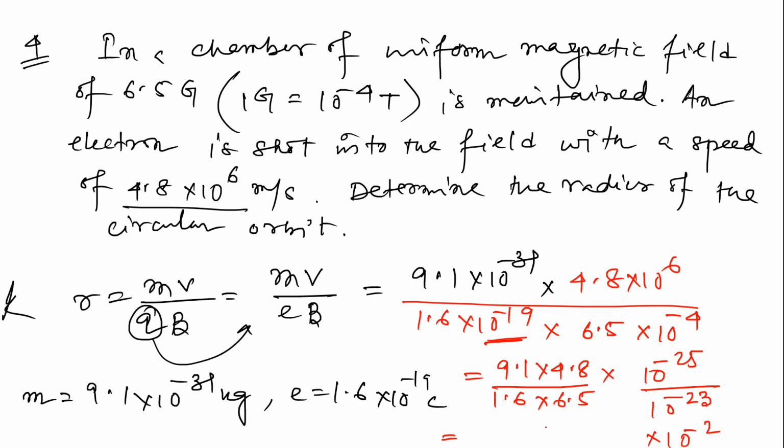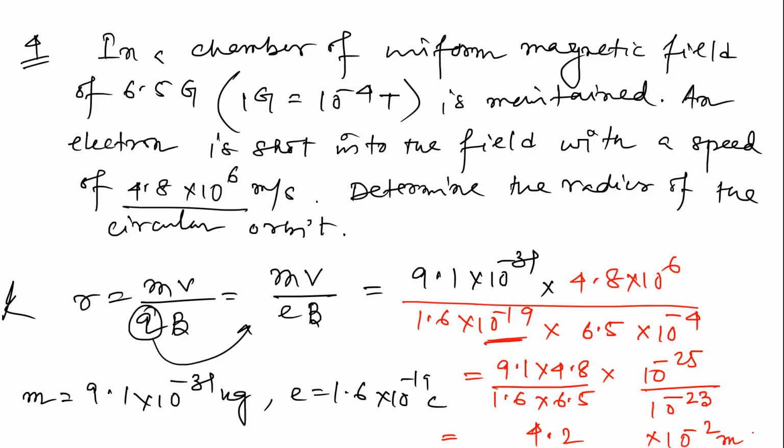So we are getting 4.2, right? Okay. So the final answer is 4.2 × 10^-2 meter. You can say the radius of the orbit is 4.2 centimeter.